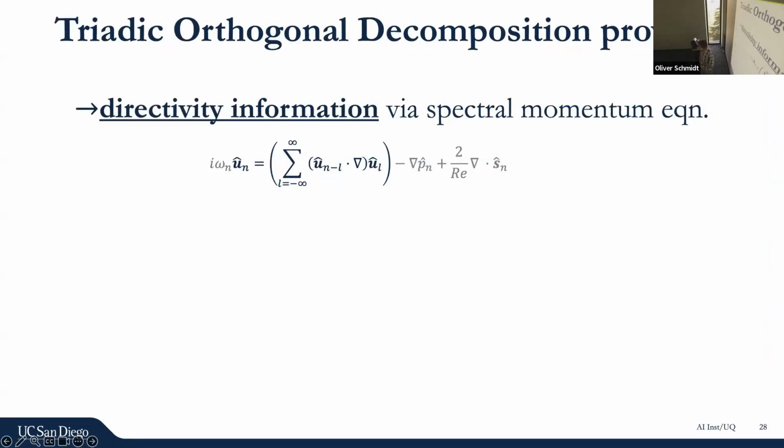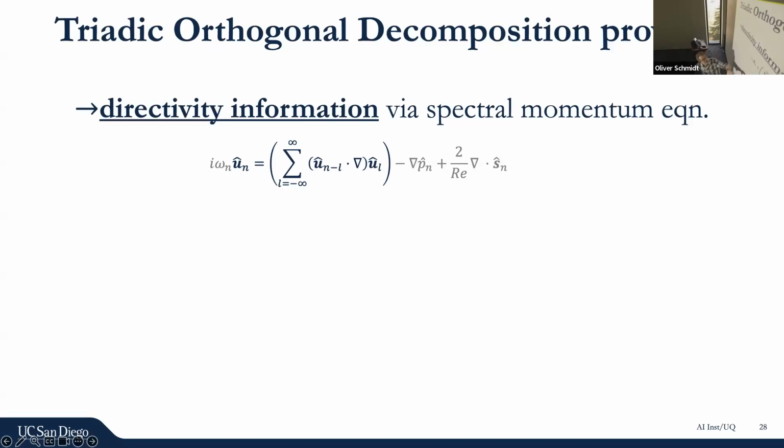To get the energetics, we have to use the Navier-Stokes. We have to use what I learned in your class. We always took a curl, right? We always work with the vorticity equation. We're not going to take the curl. So this is just our momentum equation in the frequency domain.